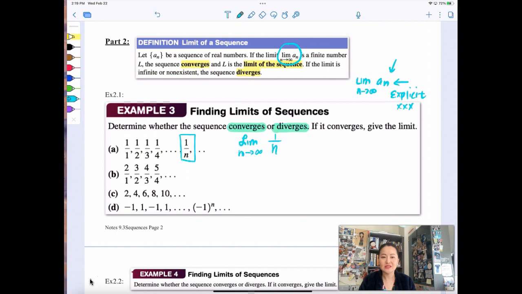What's happening to my slice? My share of the pizza. What happens if I have to share that same pizza that I shared with 5 people, now with 1 million people? What's happening to my slice? If you think of it like that, you're right. It's actually converging. What is my slice converging to? It's converging to 0.